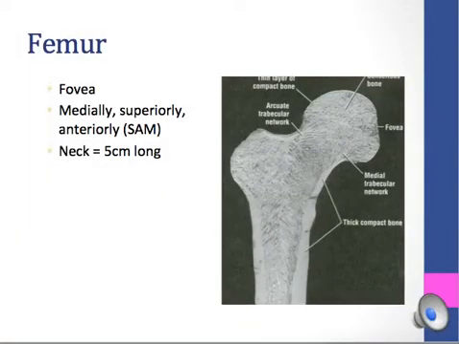So the femur is really the strongest bone in the body. The femoral head is placed medial, superior, and anterior, so as to fit nicely into that acetabular fossa. That fovea is that rounded area, and the femoral head is covered by that hyaline cartilage.